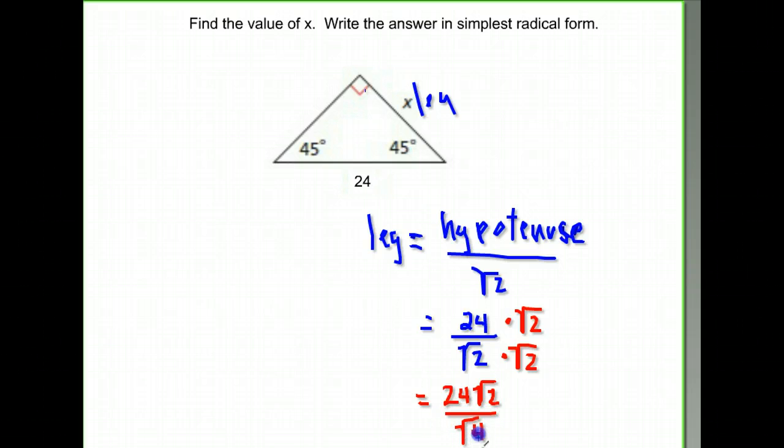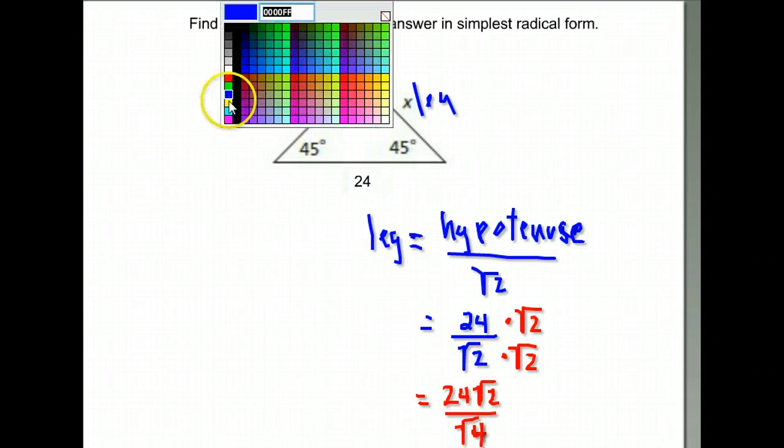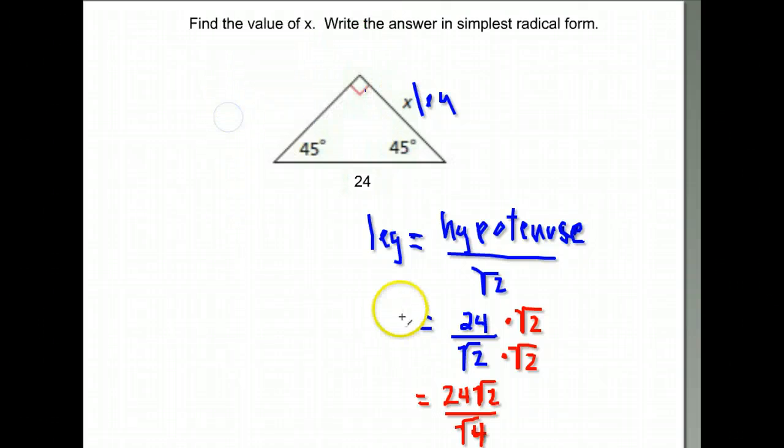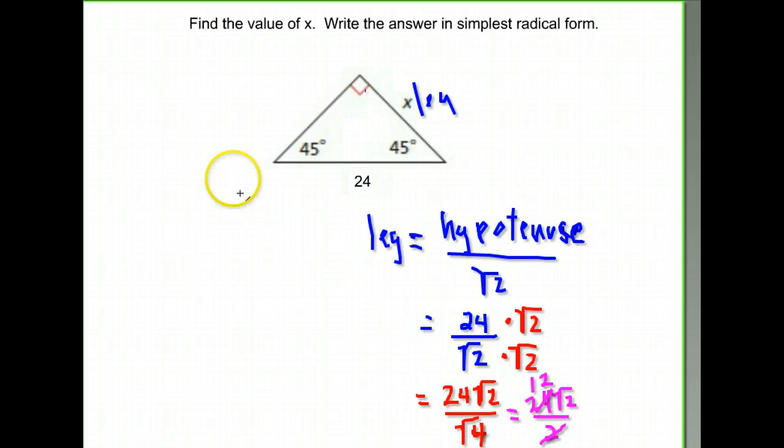And after you've done this a couple of times, you may take a few shortcuts. I have to keep going because I can find the square root of 4. The square root of 4 is 2. So now I have 24 root 2 over 2. And then 2 goes into 24 12 times. So I end up with the answer 12 root 2.